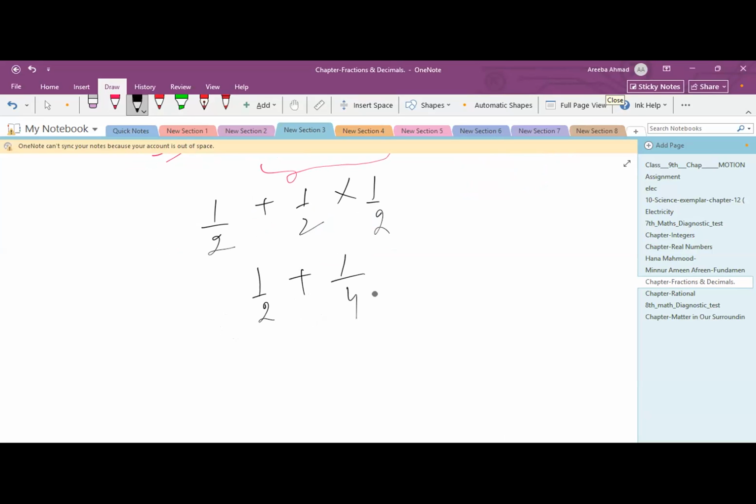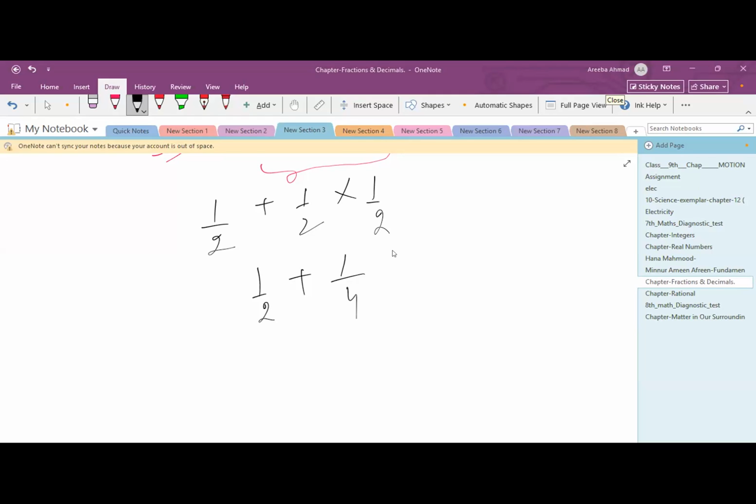First LCM of 4 and 2 is 4. 1 by 4, and 2 by 4 for 1 by 2. 2 by 4 plus 1 by 4 is equal to 3 by 4.